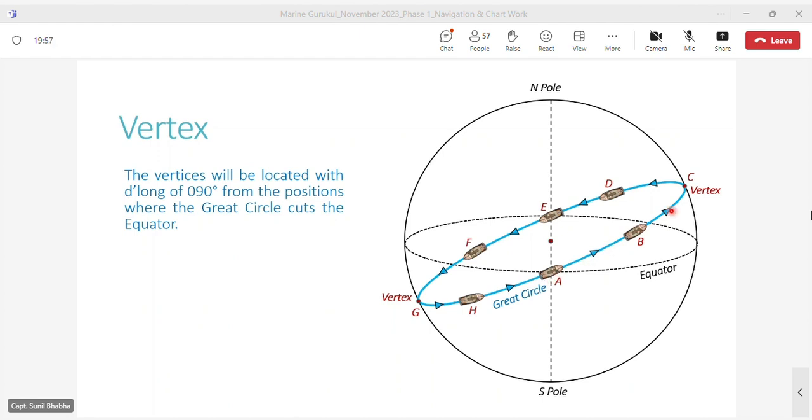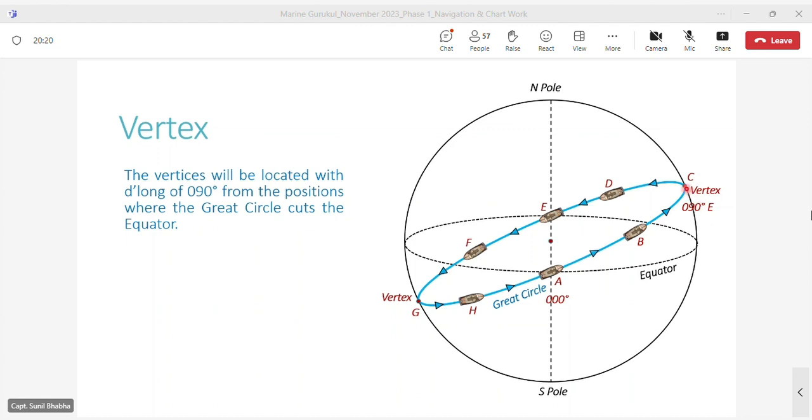Now the vertex is attained at point Charlie. Now let us assume that if the ship crosses the equator at the Greenwich meridian, 000 meridian, by the time the vessel reaches the vertex, the meridian of point Charlie will be 090 degrees east.